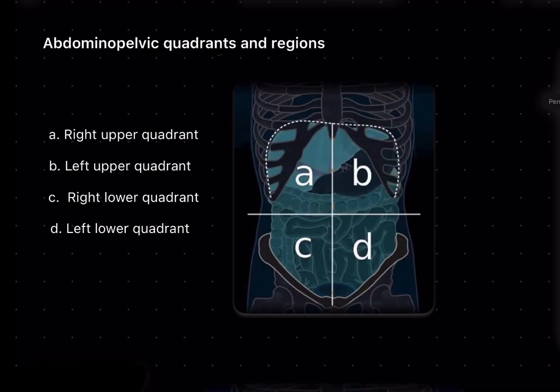Here we have the abdominopelvic cavity divided into 4 parts or 4 quadrants, like we would have on a graph. We have a horizontal line and a vertical line that are intersecting at the patient's navel, also called the umbilicus.